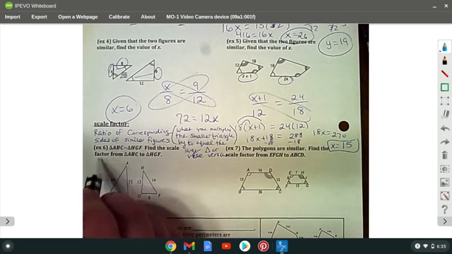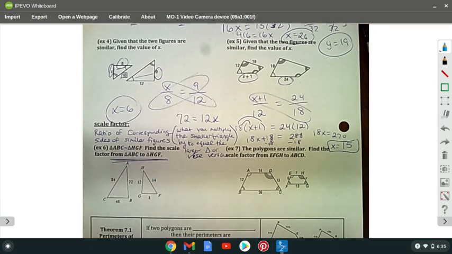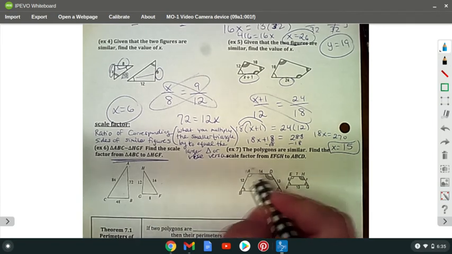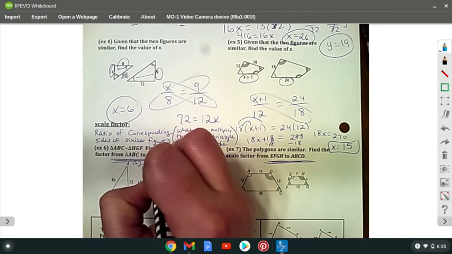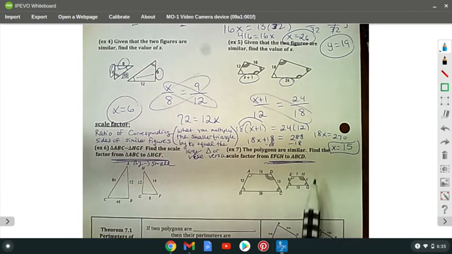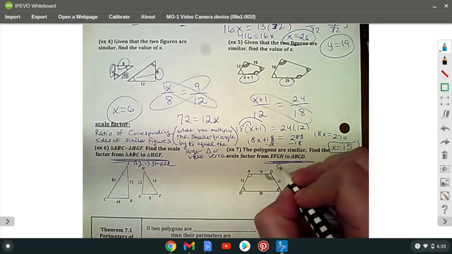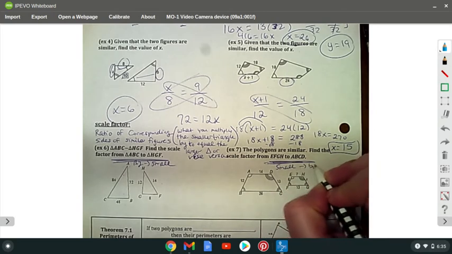So you'll notice right here it says from ABC to HGF. So it's saying from this one to this one. So they're asking you, how do you go from this to this? If they say from EG, so this one you're going from big to small. This one, EFGH to ABCD, you're going small to big.